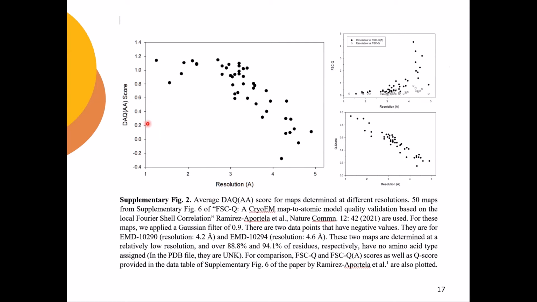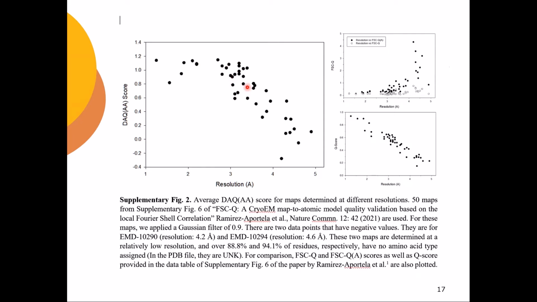This is how the average DAQ score changes relative to the resolution. Each dot is the average DAQ score of an entire structure in the cryo-EM map. If the resolution is around 2 to 3, on average those structures are very well modeled, and the average score across all of the residues is close to 1.